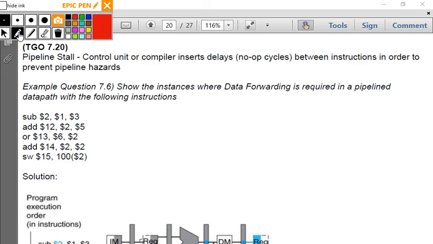So what I would do is I circle 2 because that's the first value that I need. And it's updated at the ALU after the 3rd cycle. So it's on the 4th cycle, anything that needs it, it's not there yet. After the 5th cycle, it's updating, but it's not there yet. So anything that's 2 cycles afterwards is not going to be available to me, right?